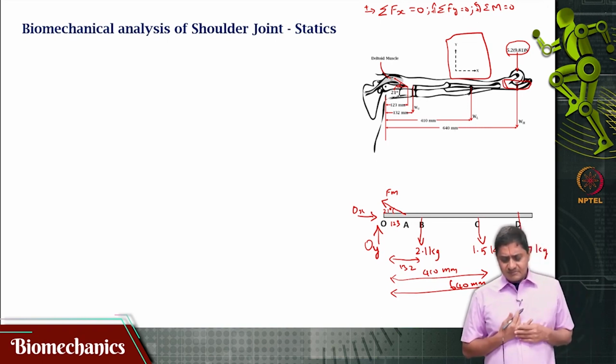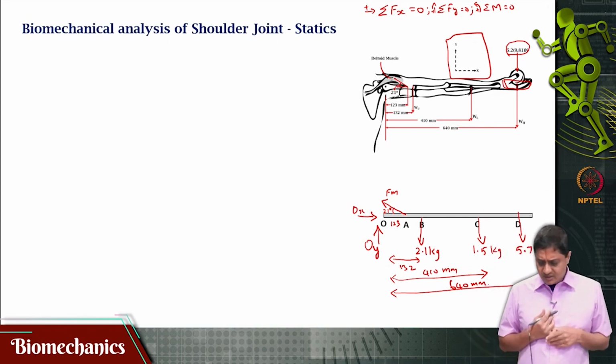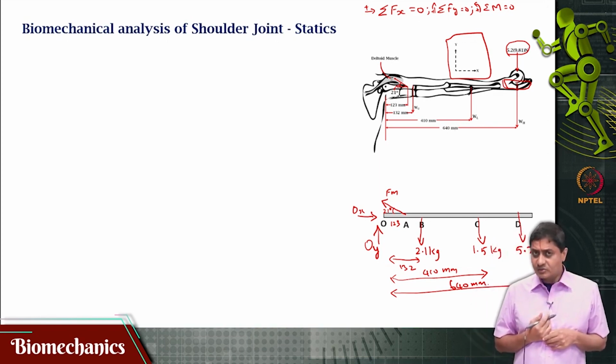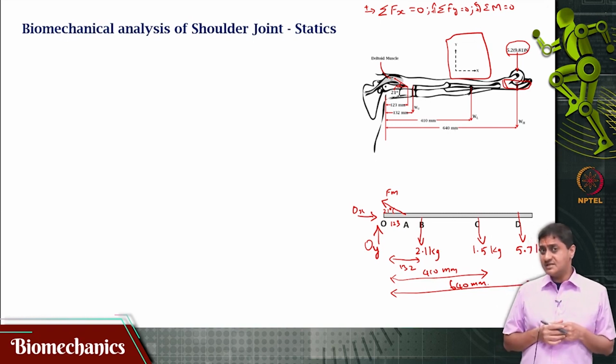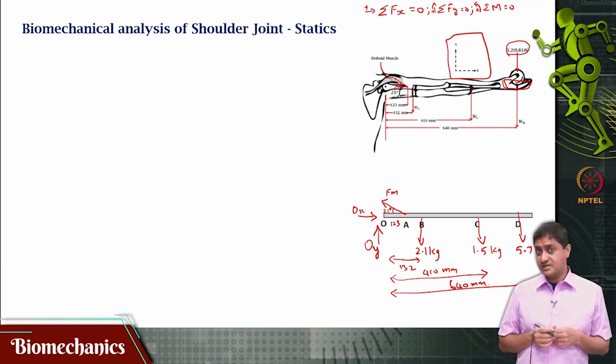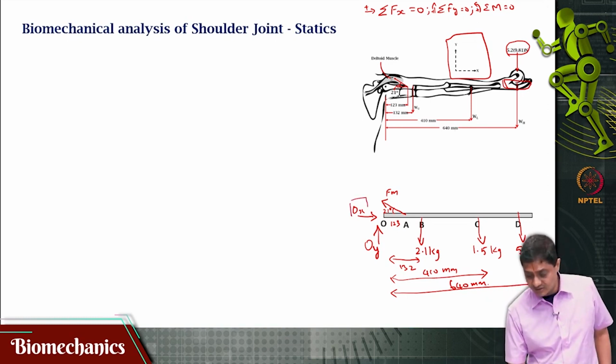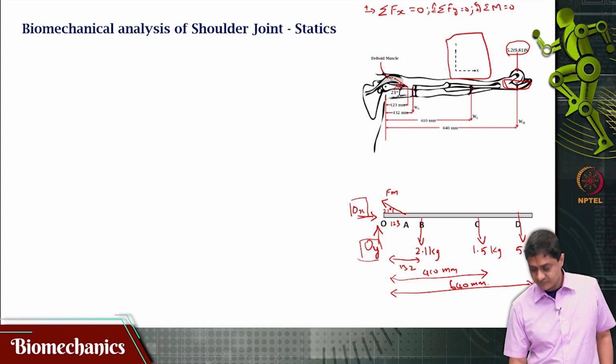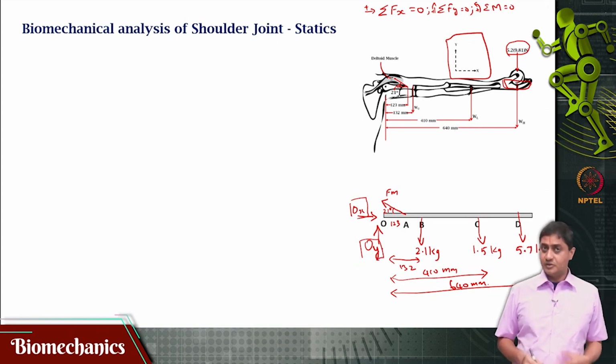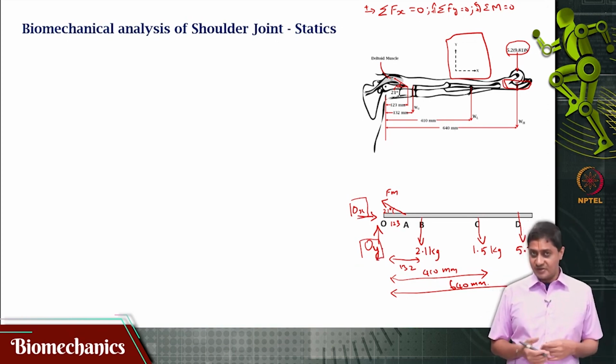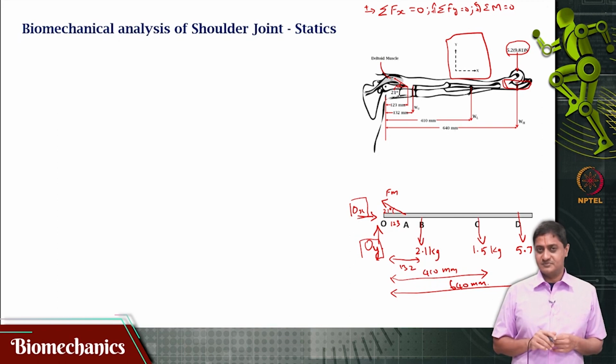Before we write out the force equations, because the question only states find the force Fm, and it is not asking me to find the two other unknowns Ox and Oy, although it would be instructive to try and find those, let us start by finding a way to find the force Fm.